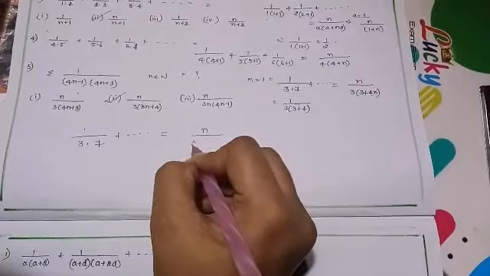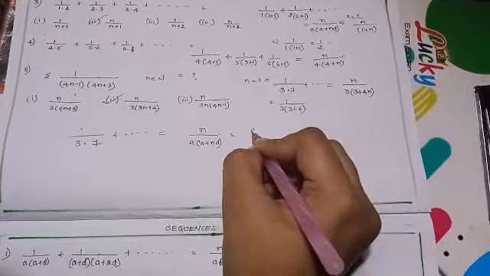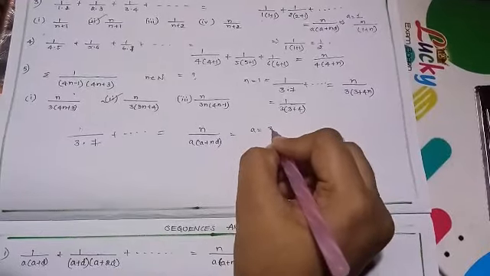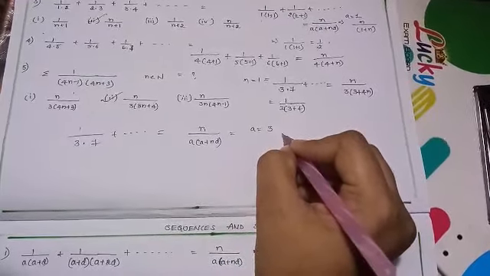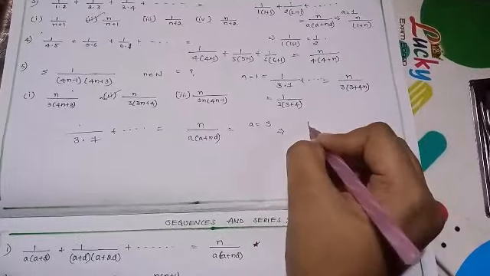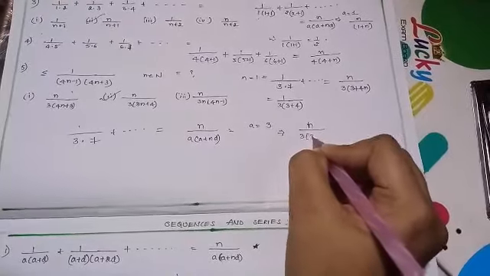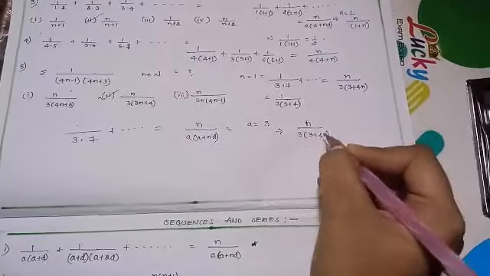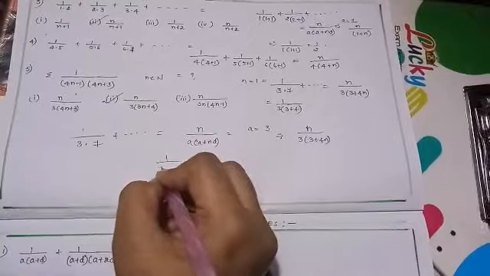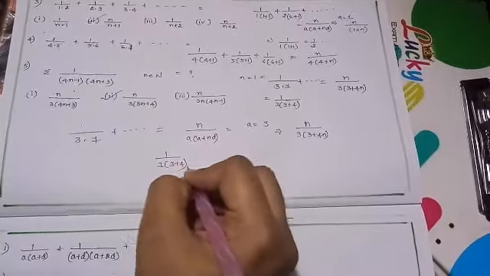n by a of a plus nd. Here a equal to 3. You can easily see that n by 3 of 3 plus 4n, because here you can represent 7 as 3 plus 4, so a of a plus nd.